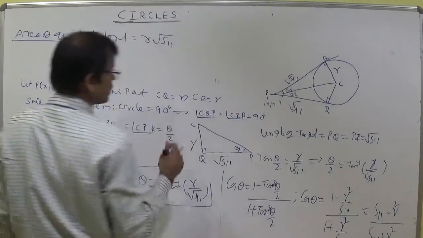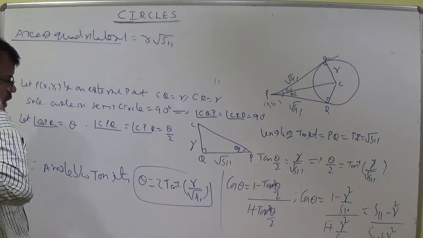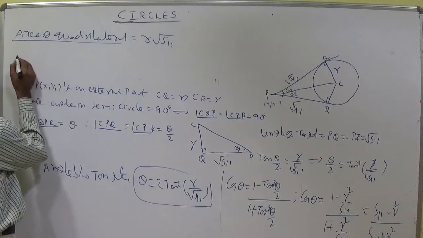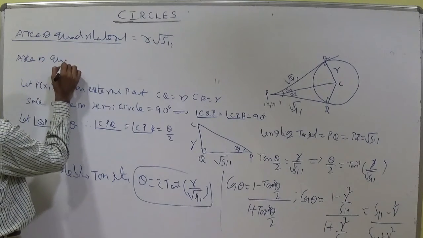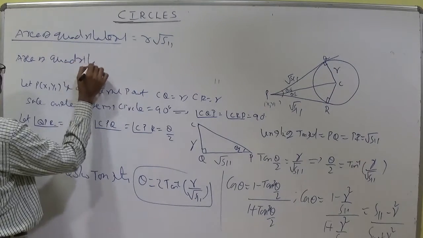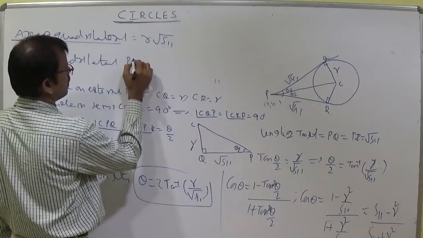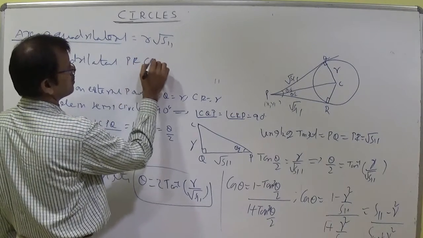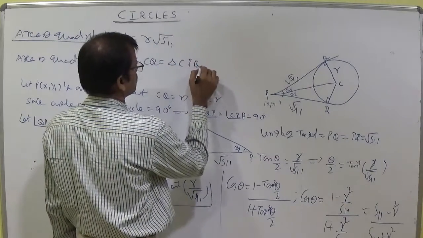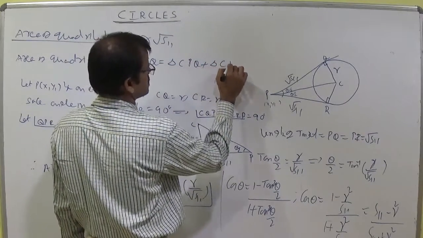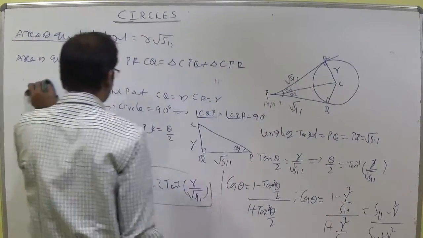Area of a quadrilateral is nothing but the area of triangle CPQ and the area of triangle CPR. Area of quadrilateral PRCQ is equal to delta CPQ plus delta CPR. These are two triangles.